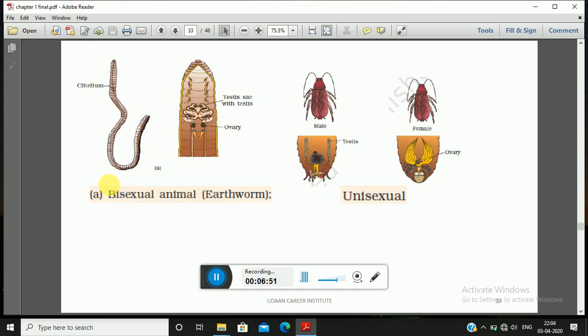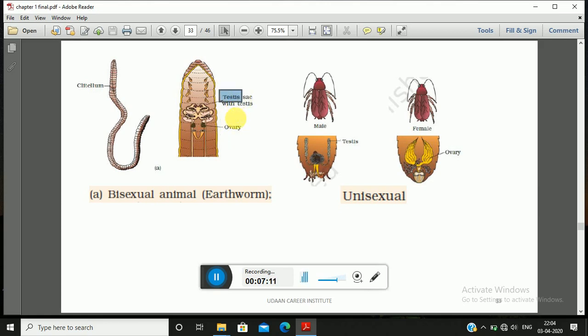Here is an example of a bisexual animal, the earthworm, where you can see the presence of ovary as well as testes in the same organism. Ovary is the female reproductive organ and testis is the male reproductive organ.